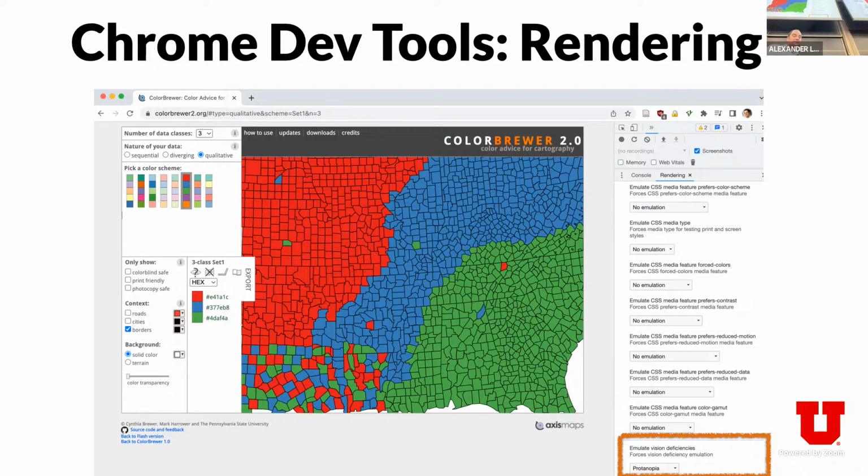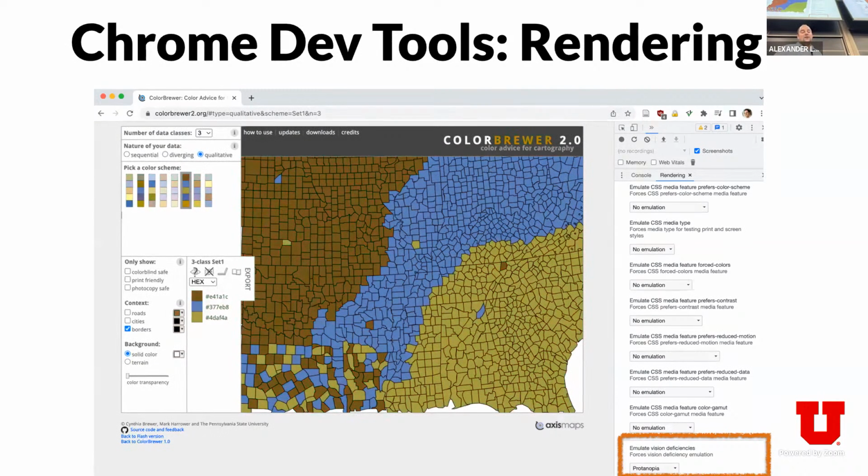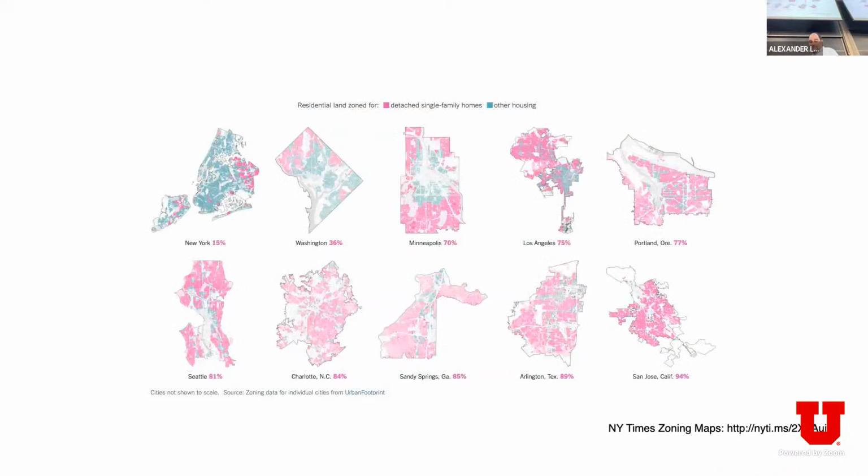And if I take this red, blue, and green ColorBrewer page and switch this on to simulate protanopia, we get this result, right? So I can very quickly check a visualization in my web browser with this tool without having to take a screenshot or upload anything.